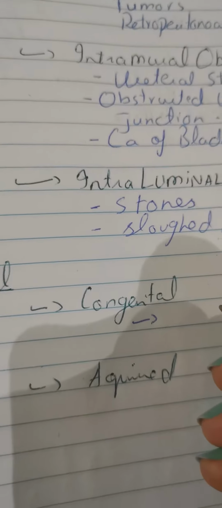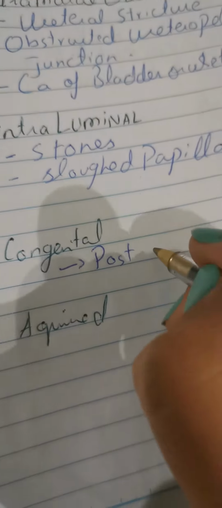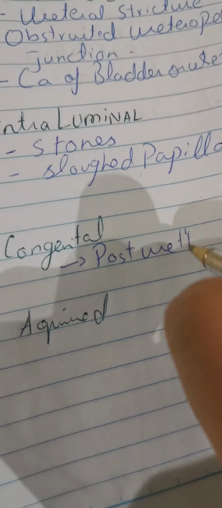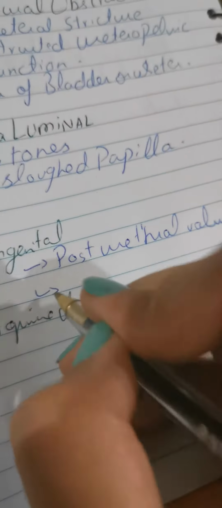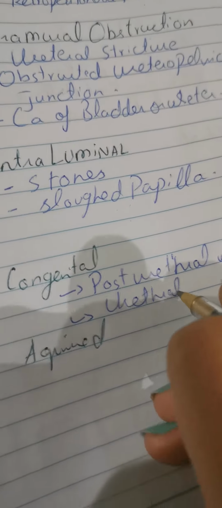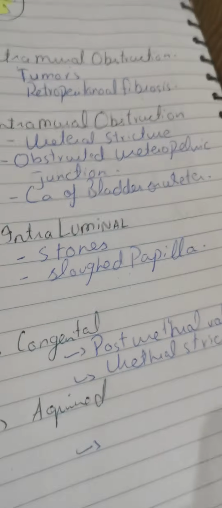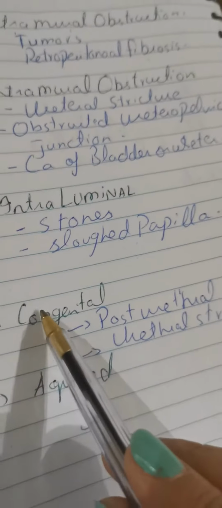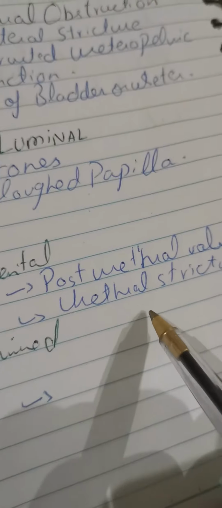posterior urethral valve, and urethral stricture. So the child is born with these defects. It is congenitally present.